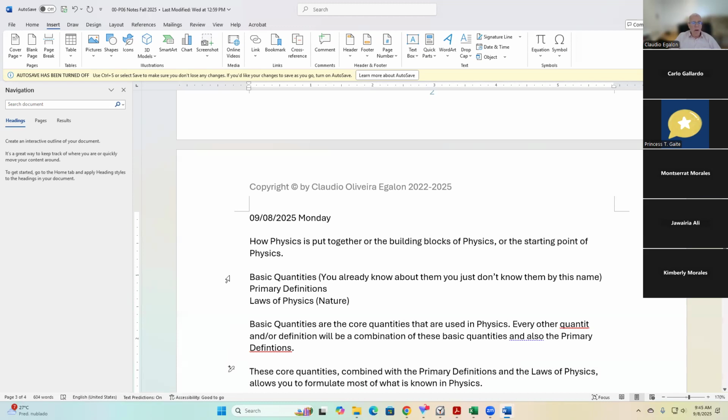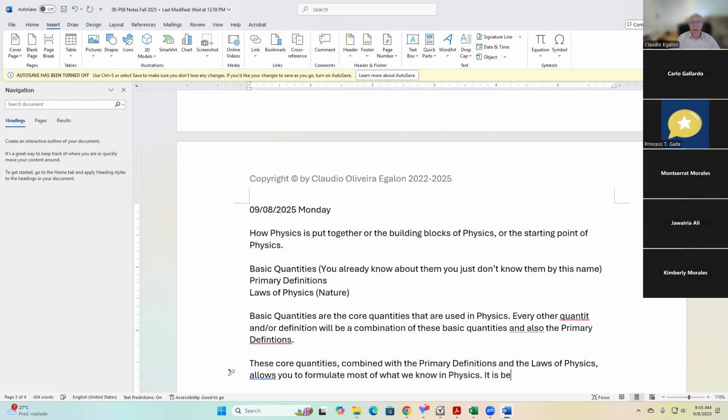So every other quantity that we introduce in physics is going to be a combination of the basic quantities and the primary definitions. These core quantities combined with the primary definitions and the laws of physics allow us to formulate most of what we know in physics.